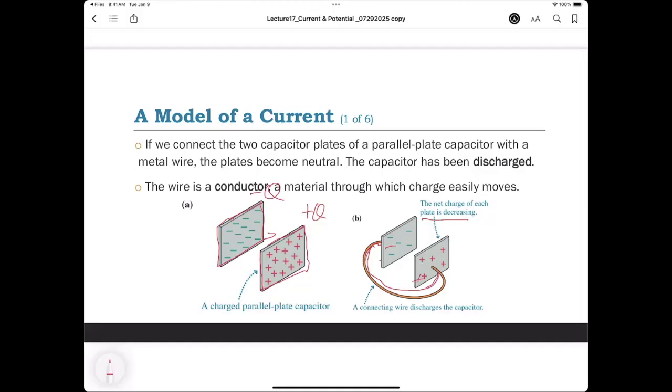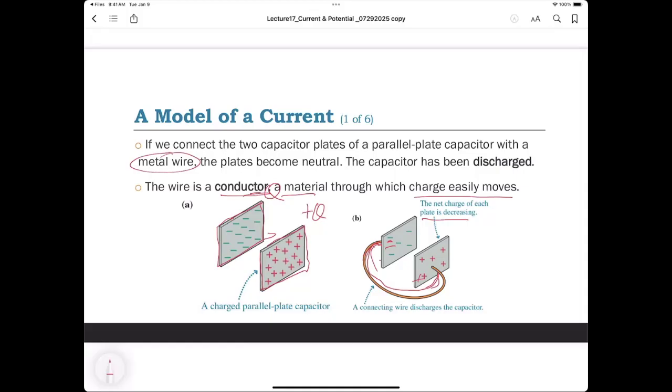This wire is a conductor, because it is a metal wire, a material through which charge easily moves. These charges will easily move, and then the plates will become neutral after those two plates of the capacitor are connected with a metal wire.